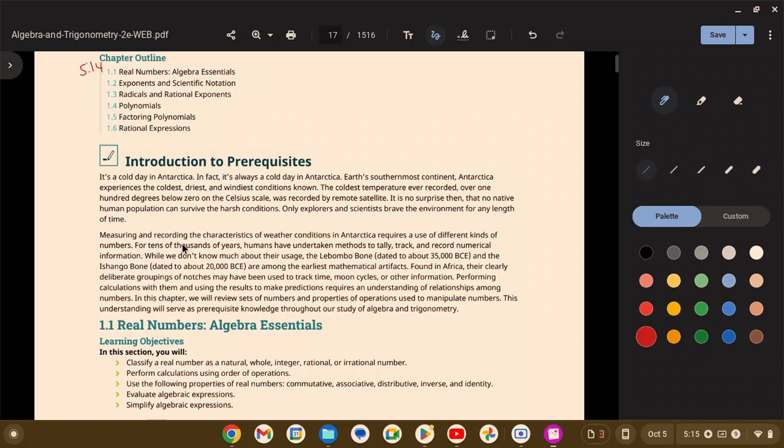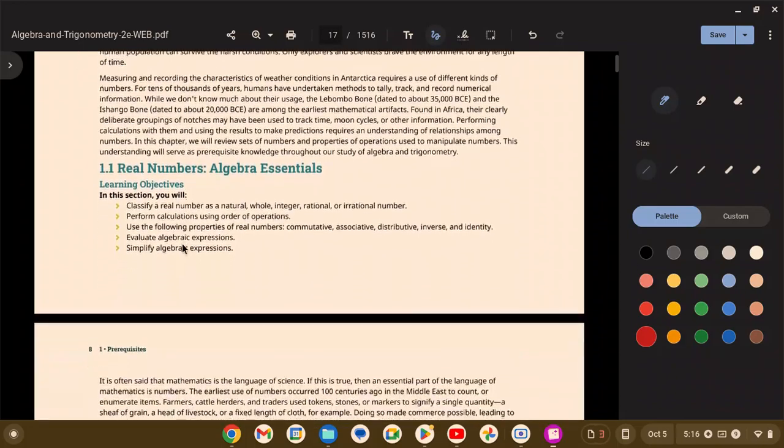Found in Africa, their clearly deliberate groupings of notches may have been used to track time, moon cycles, or other information. Performing calculations with them and using the results to make predictions requires an understanding of relationships among numbers. In this chapter, we will review sets of numbers and properties of operations used to manipulate numbers. This understanding will serve as prerequisite knowledge throughout our study of algebra and trigonometry.